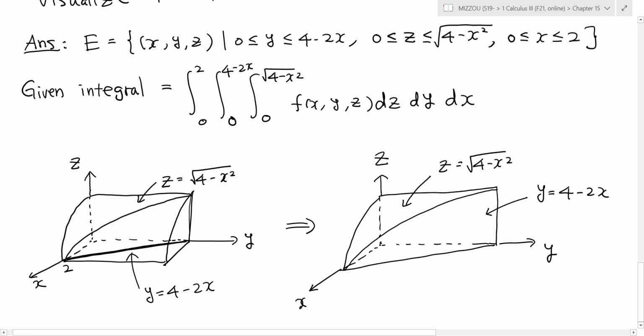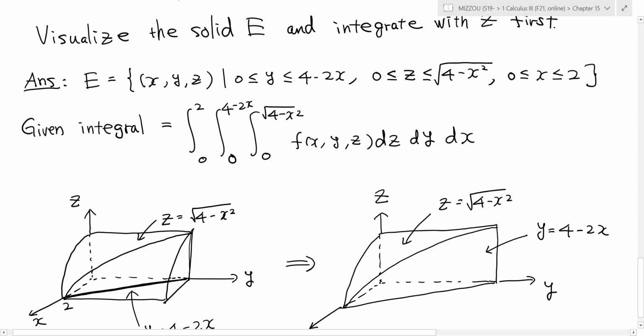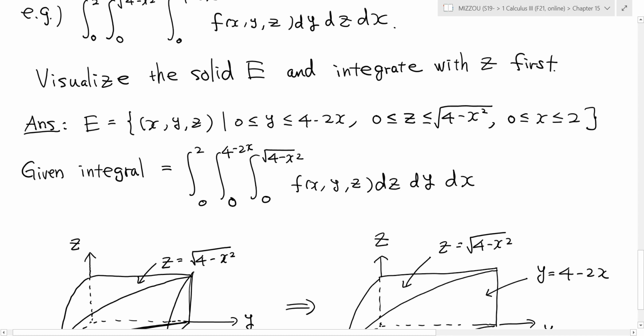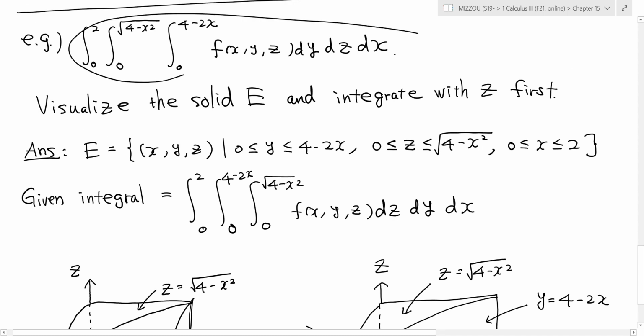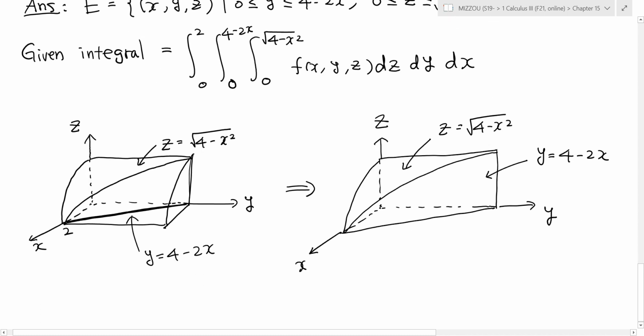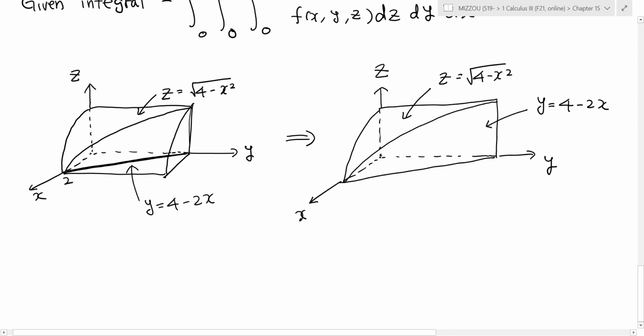But what if this? Question number 2 is this. Let's integrate with x first. In principle, if you have a triple integral, it doesn't matter which variable you pick first, although in practice, often y is easier than the others.